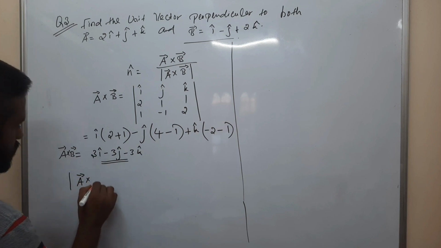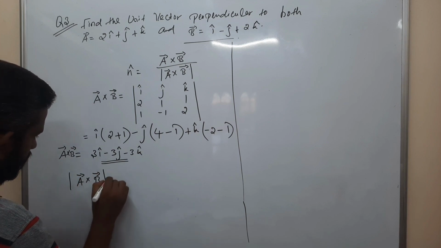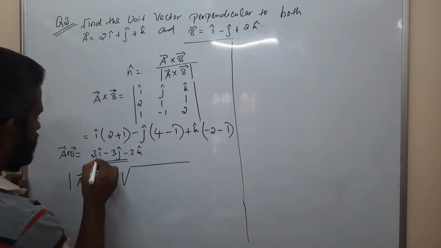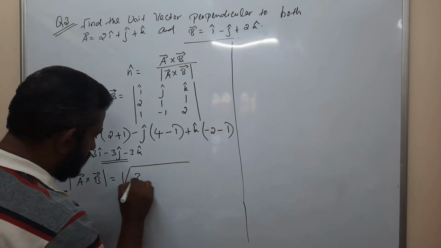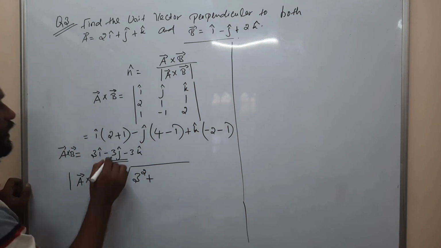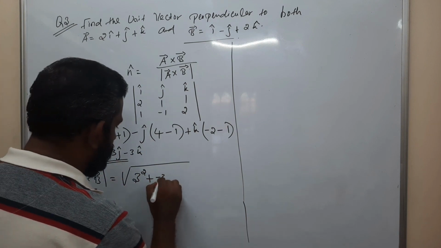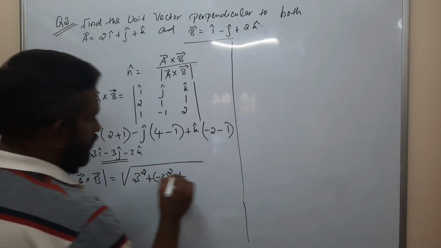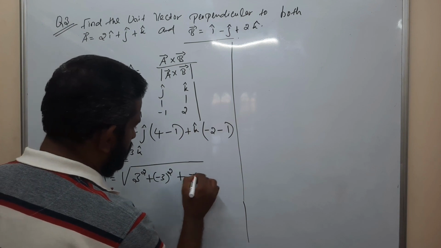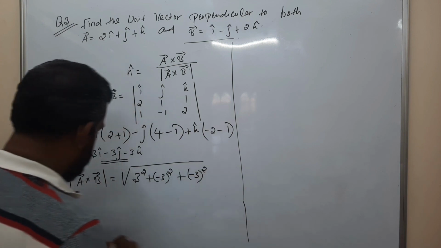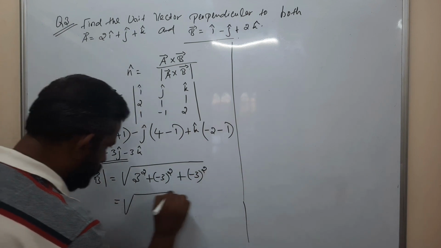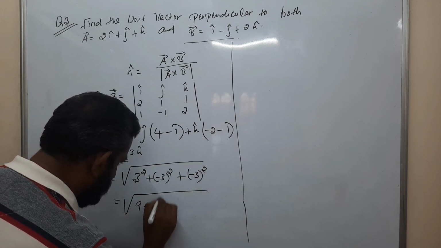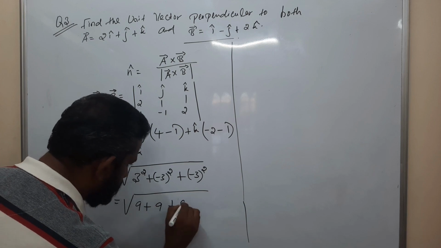What is the formula? Square root of the i component, that is the coefficient of i, 3 square, plus the coefficient of j, minus 3 square, plus the coefficient of k, minus 3 whole square. So that's equal to square root of 9 plus 9 plus 9.